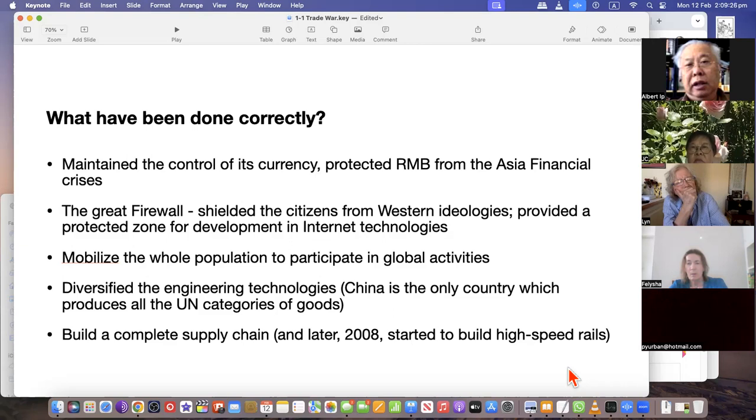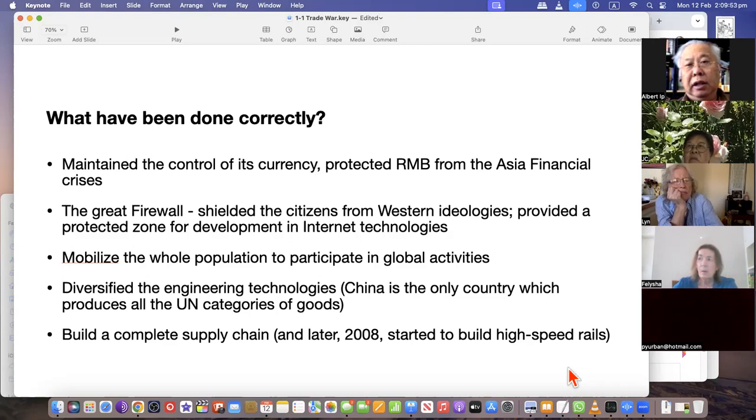We are talking about mobilizing the whole population to participate in global activities. Because of the sheer size of China, it diverges into every available engineering technology. China is the only country which produces all the category goods in the UN categories.